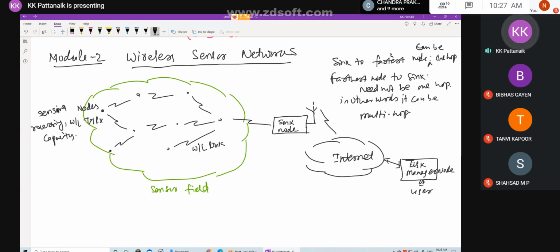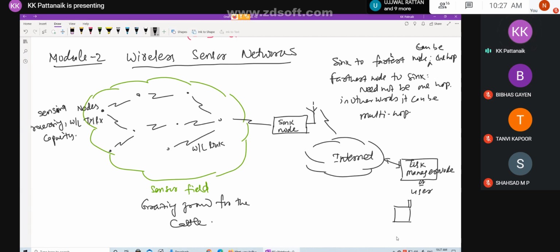So the user can be a person having a mobile phone running an application to monitor the sensor field, let's suppose a grazing ground for the cattle.